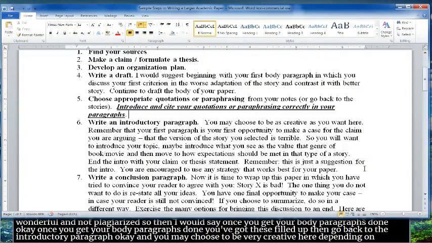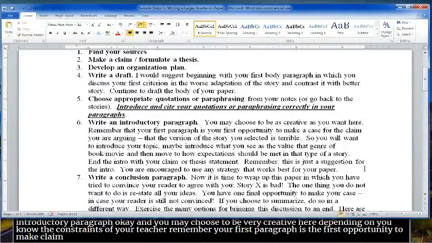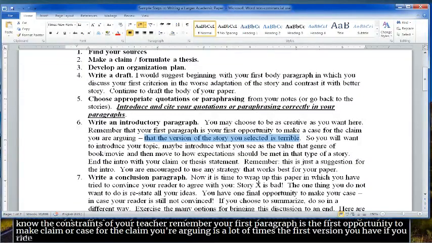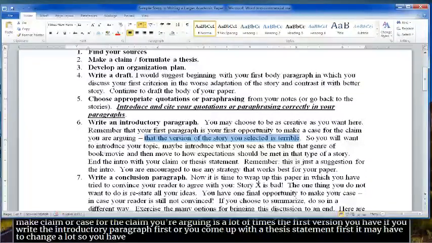Remember, your first paragraph is the first opportunity to make a claim or a case for the claim you're arguing. A lot of times the first version you have, if you write the introductory paragraph first or you come up with a thesis statement first, it may have to change a lot. So you have to go back and change it.